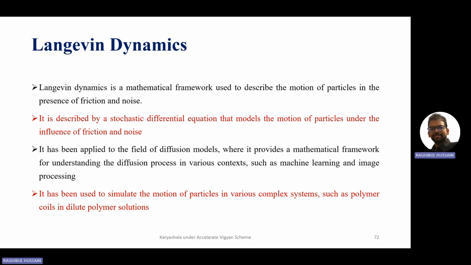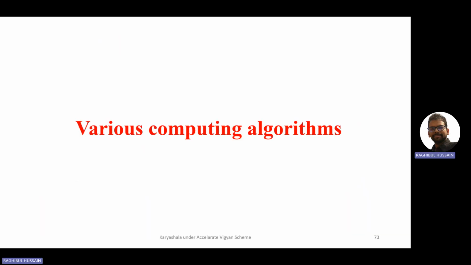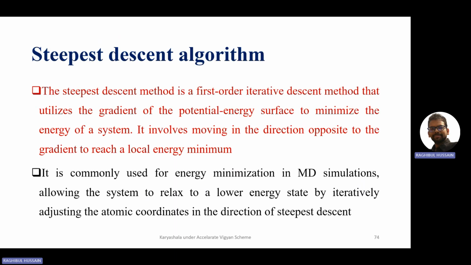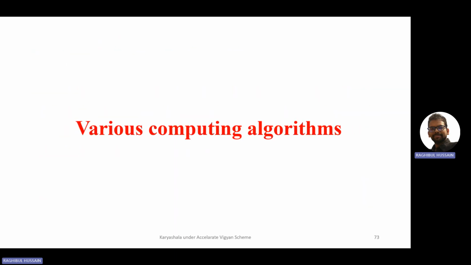It has been applied to the field of diffusion models, which provide the mathematical framework for understanding the diffusion process. And it has been used to simulate the motion of particles in various complex systems such as polymer coils and in dilute solution.